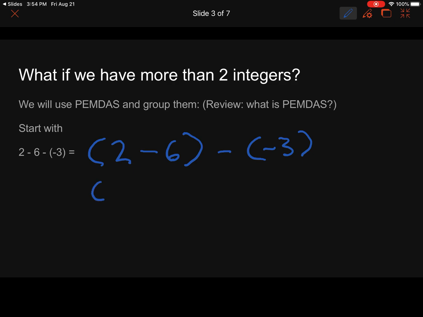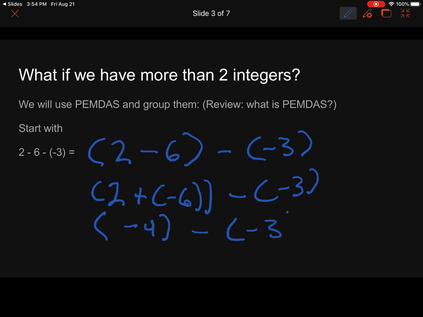So 2 minus 6 is going to be 2 plus -6 minus -3. When we solve this, we would get -4 minus -3. And one more time, we're going to substitute in our additive inverse. So we'll get -4 plus 3, and this would be -1.